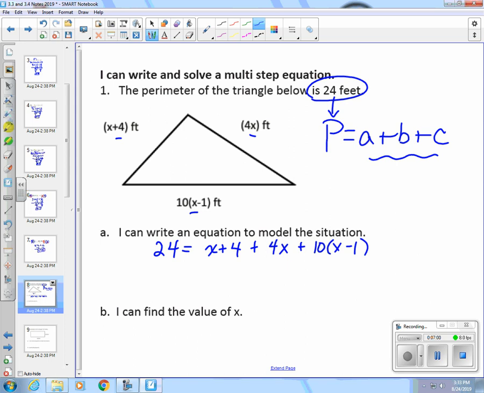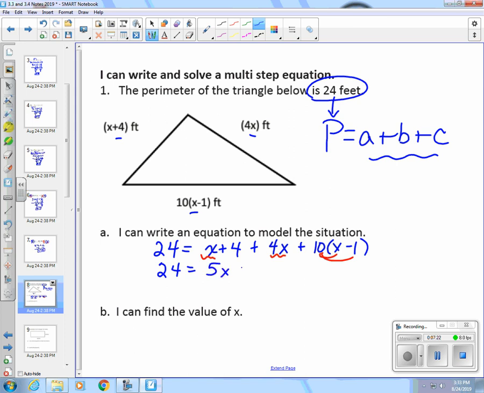Let's go ahead and combine our like terms together. So we simplify the right-hand side. We have our x and we have our 4x, but we've got this 10 that has to have a little bit of distributive property done to it. So we're going to write 24 equals, and I can add the x and the 4x together.